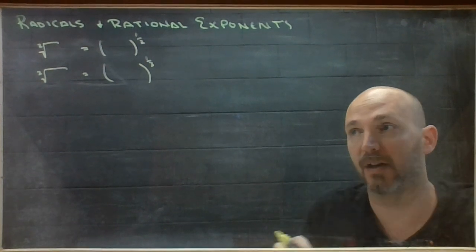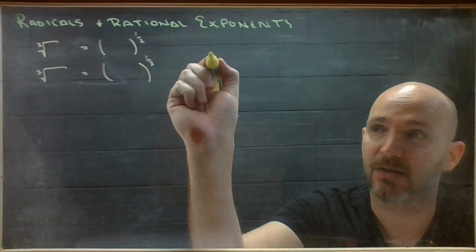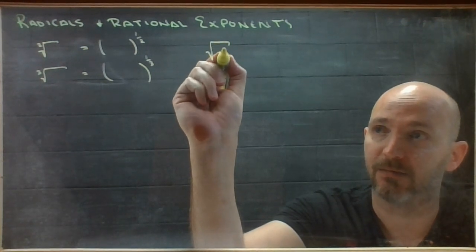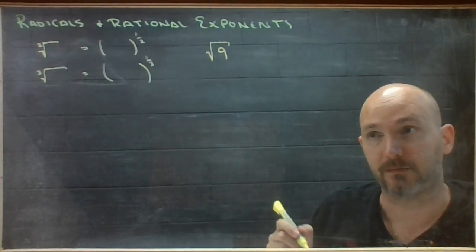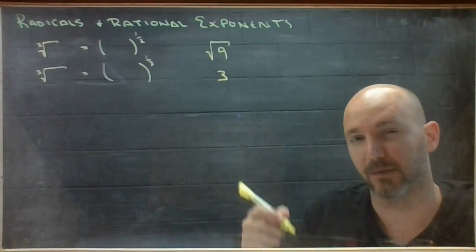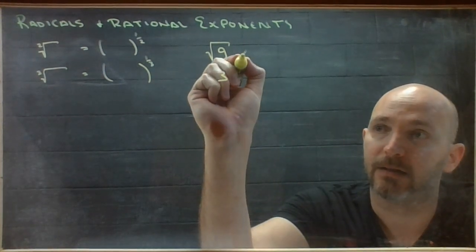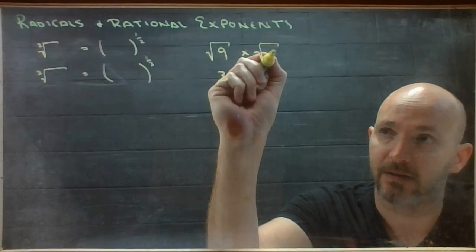Now, for me to try and convince you, I'm going to start with the square root of 9. That's 3. Okay, so we already know that. That's not hard. I'm going to multiply it by another square root of 9.